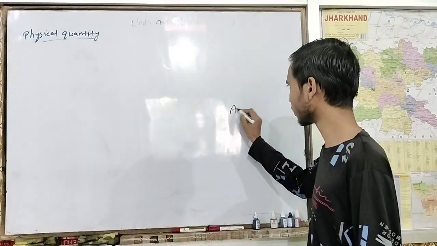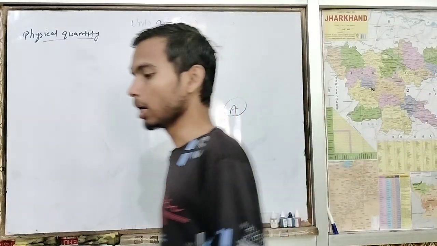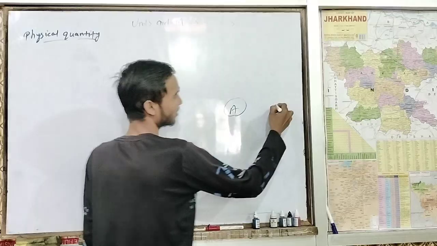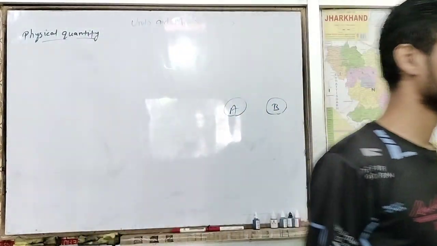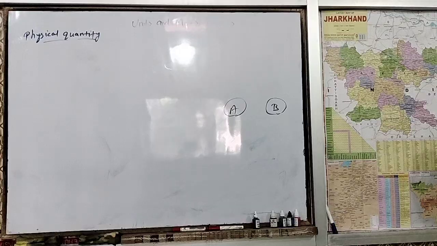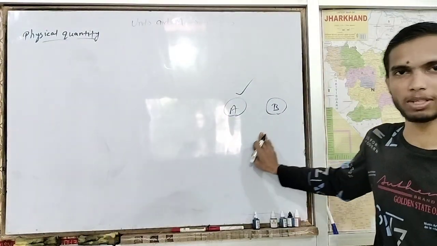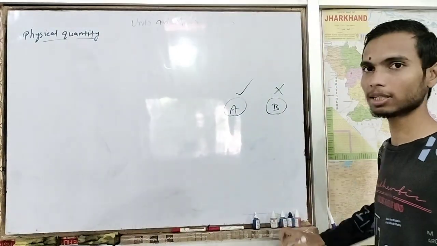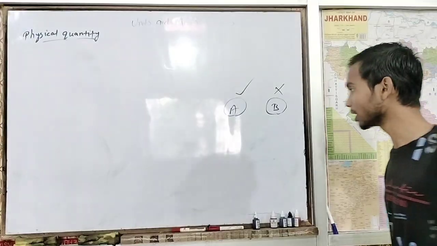for example, A is a quantity, and B is another quantity. Now I am saying that you are able to measure one quantity, but you are not able to measure the other.